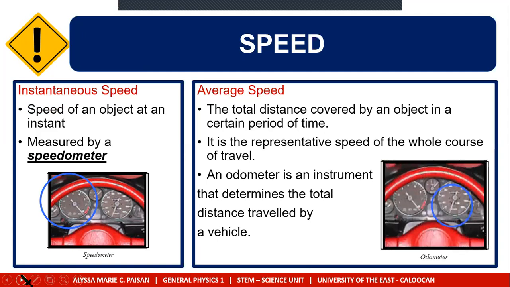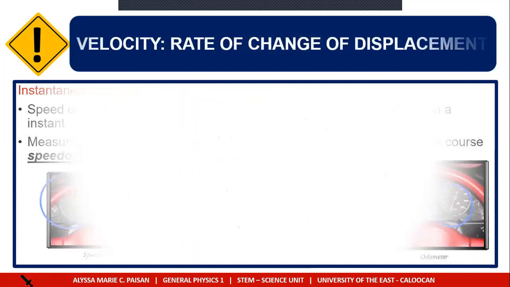The odometer will get the total distance traveled. And then if you have a timer, you also time your time of travel and then you divide the measurement of the odometer, that's the total distance, by the measurement obtained by your timer. And then you will get average speed from there.